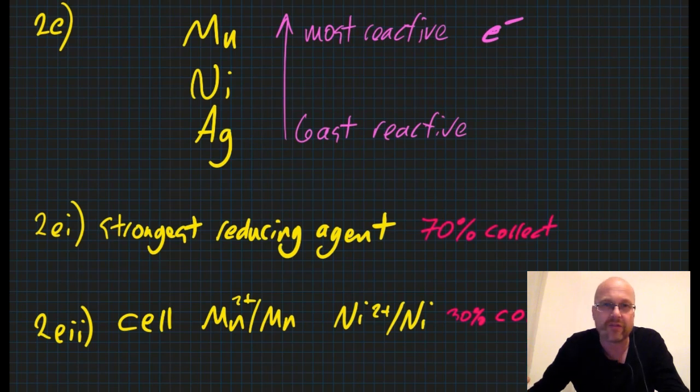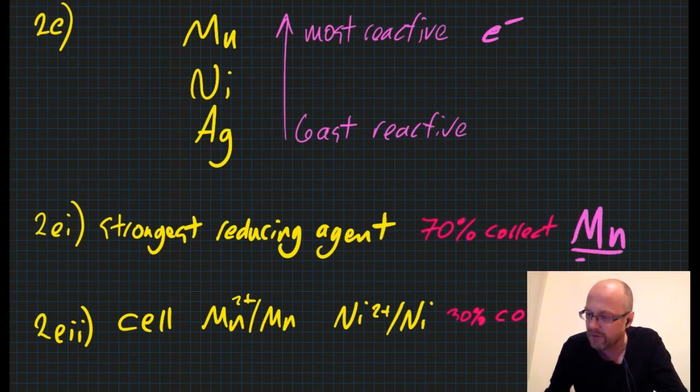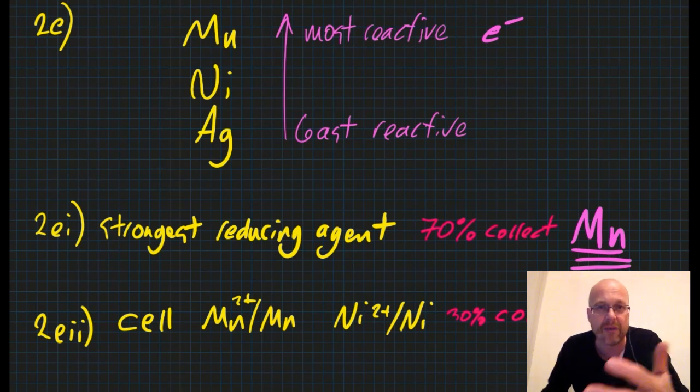A reducing agent is itself oxidized, and oxidation is loss of electrons. So the question's asking, which of these loses the electrons the easiest? Well, that's going to be manganese. It's the most reactive metal. If you were guessing, you'd have to choose manganese or silver, top or bottom, wouldn't you? Not nickel.